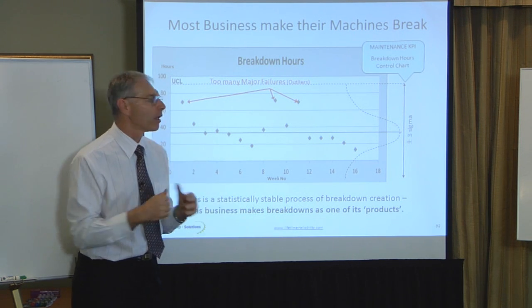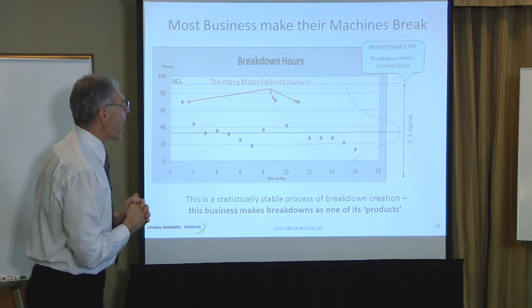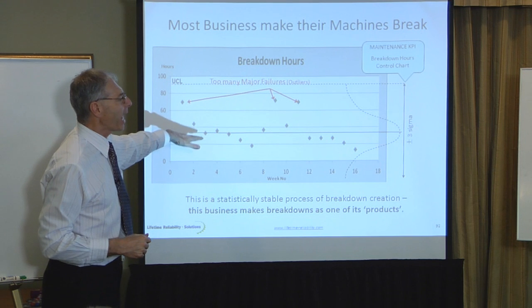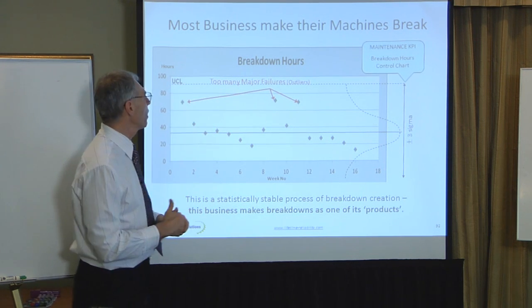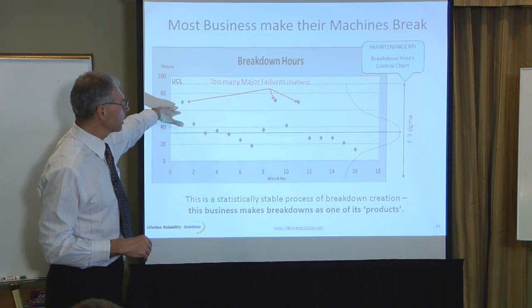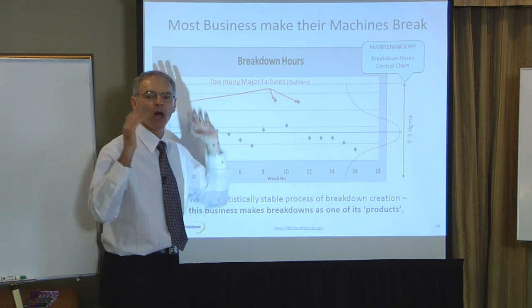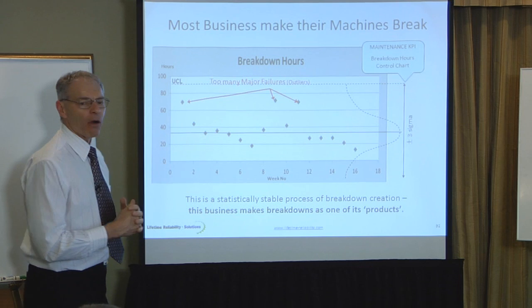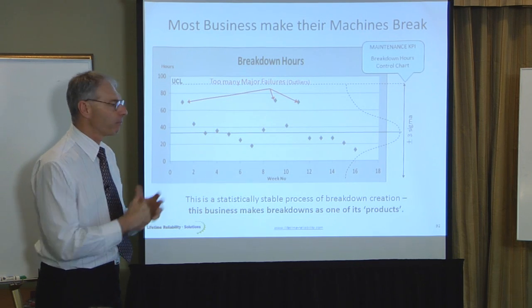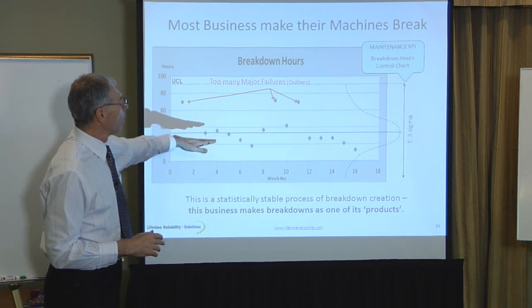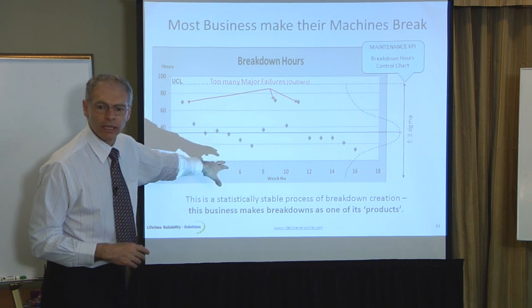It is always there. So in this case, this company has an average of 31 hours of breakdowns each week, plus or minus 3 sigma. Some weeks have nightmares, some weeks things are pretty much okay, but every week is all over the place. And it will be that way forever unless they begin addressing the process that is causing these problems.